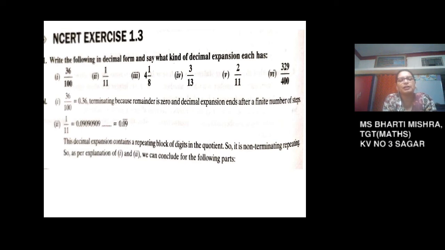So as per the explanation of 1 and 2, we conclude in the following parts. Part 3: 4 1 upon 8. Now 4 1 upon 8 can be represented as 33 upon 8. Just recall how you were converting a mixed fraction into an improper fraction.